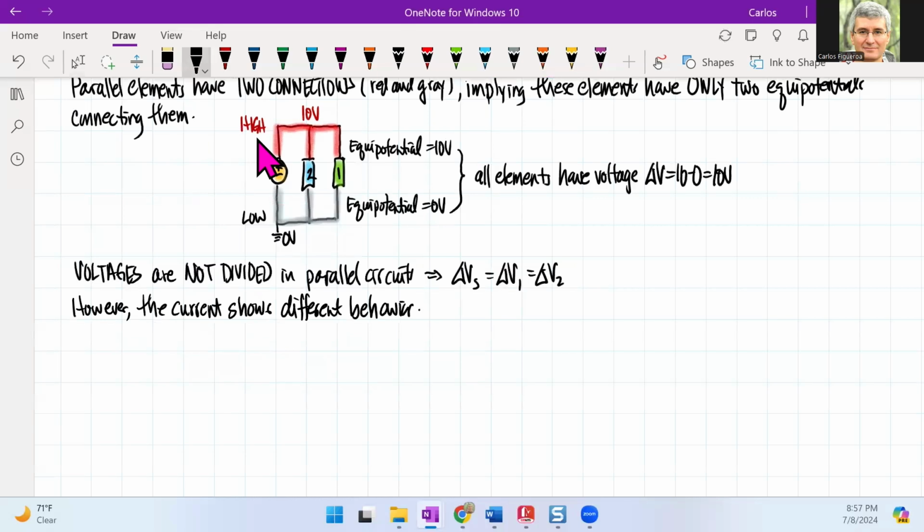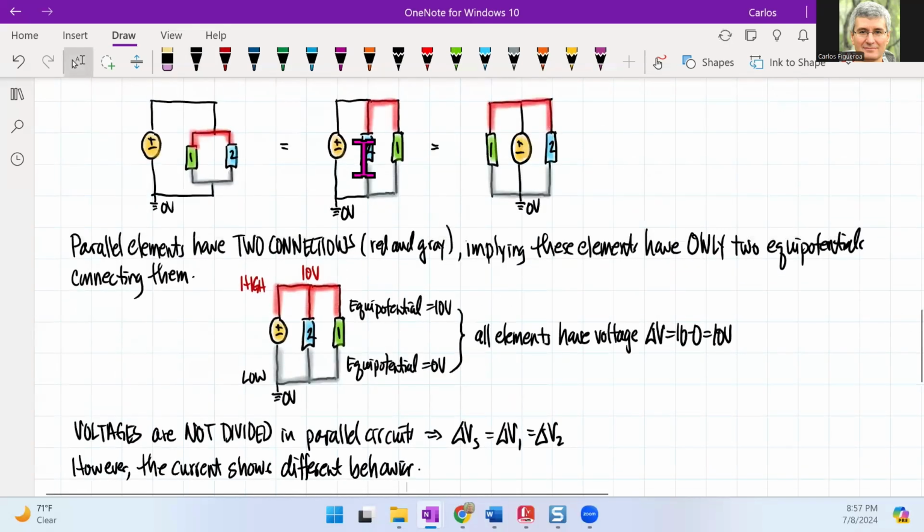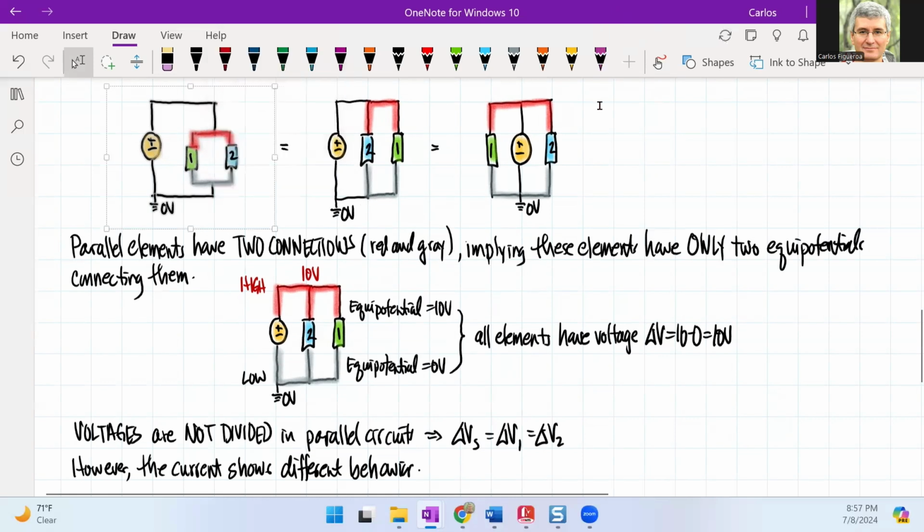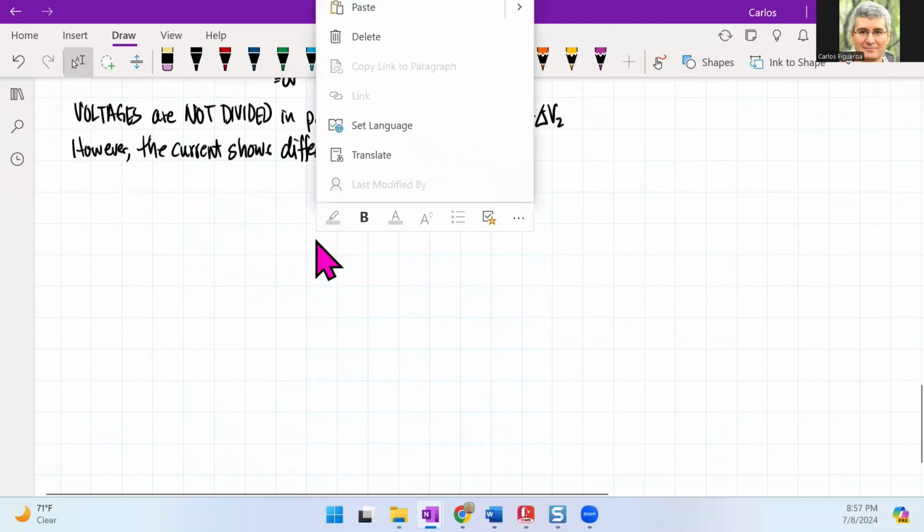And what we want to do here is draw this a different way. So we picked one here. Now let's pick this guy right here. Okay, I want to look at this guy. So when I copy this guy and bring it down, I want to look at this circuit in detail here.